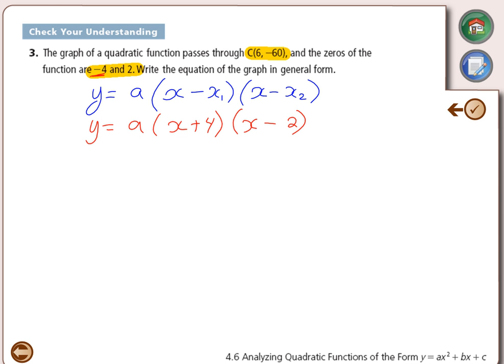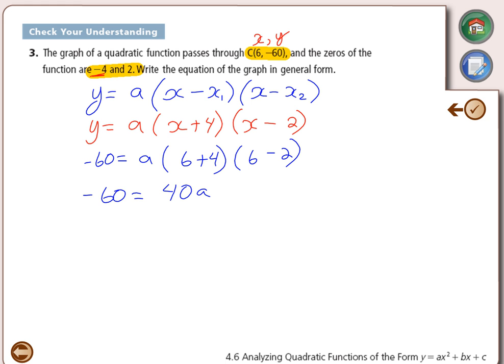We're going to do the exact same thing as we did in 4.4. Plug in the point x comma y. So negative 60 equals a, bracket, 6 plus 4 times 6 minus 2. 6 plus 4 is 10, 6 minus 2 is 4.